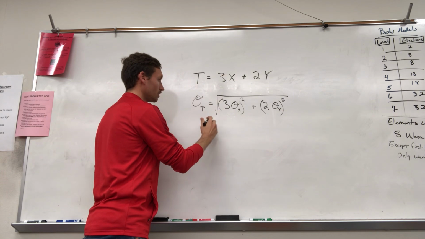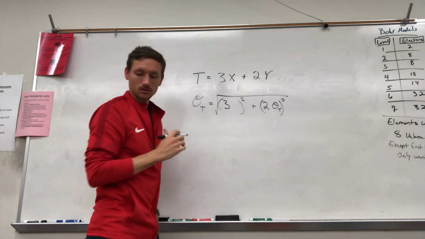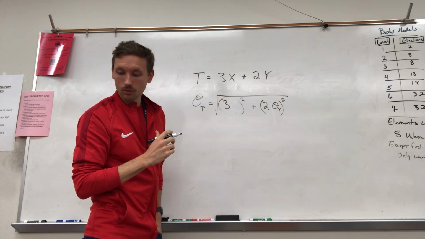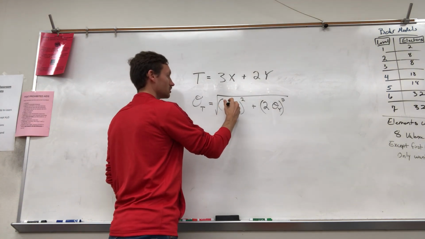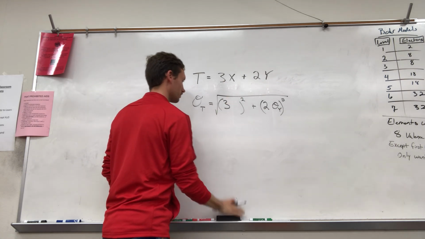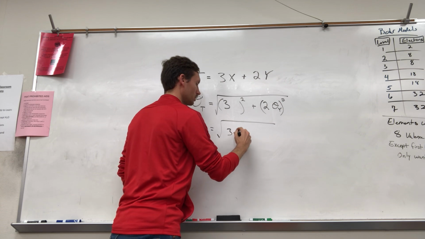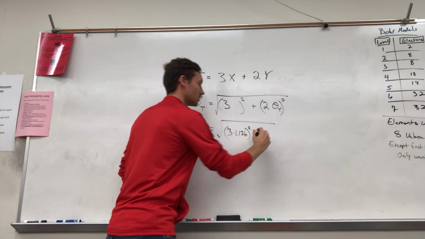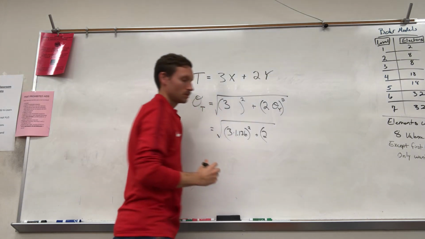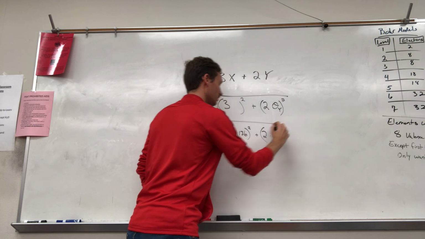So let's plug in what we know. Sigma is 1.136. So maybe I'll just write this below actually. 3 times 1.136, and then I square it, add it to 2 times 1 squared.